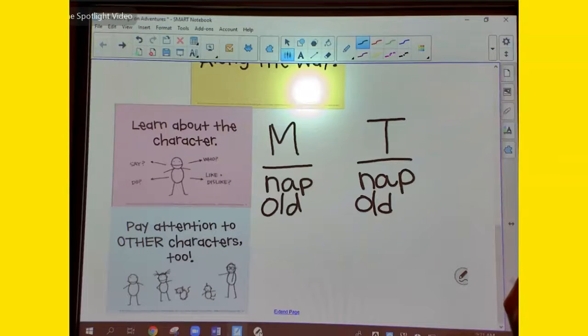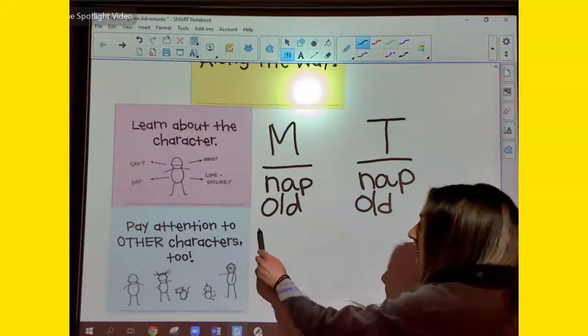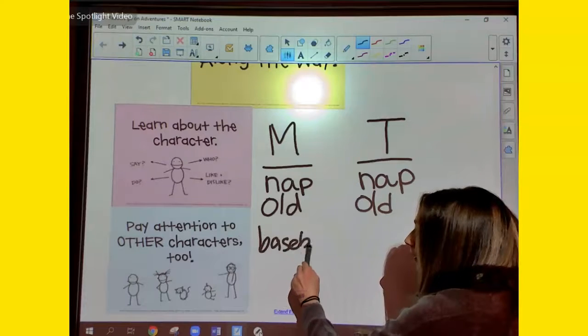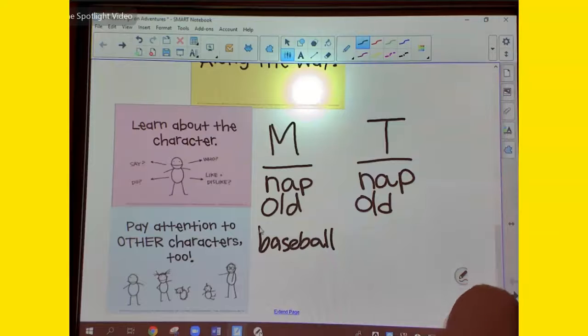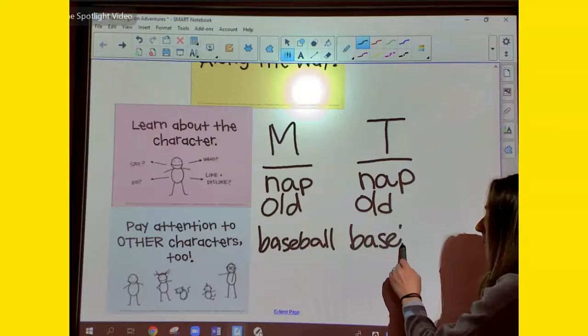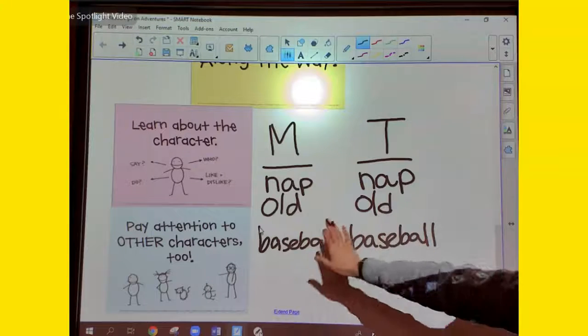So, do you think the cat is going to be playing baseball, or Mr. Putter, or both? You think Mr. Putter is going to play baseball? So let's put here baseball. And the cat. You think the cat might play baseball too? Yeah, it might. So let's put the words baseball here, and then as we read, we might need to edit this and make some changes.